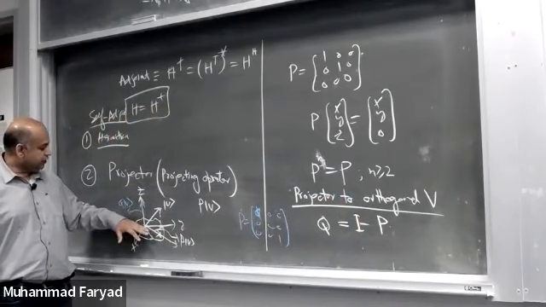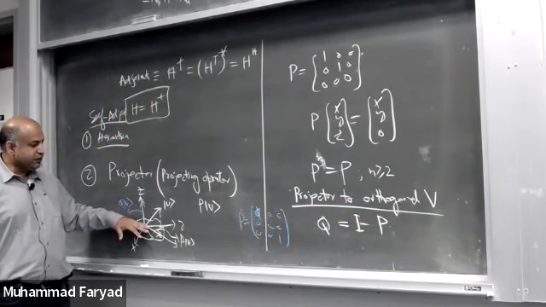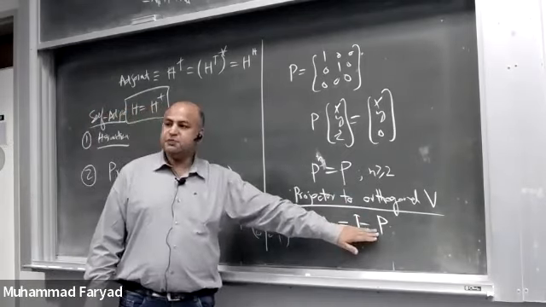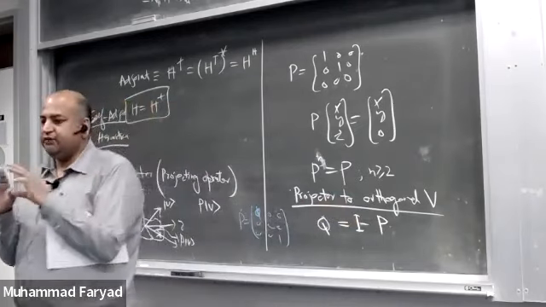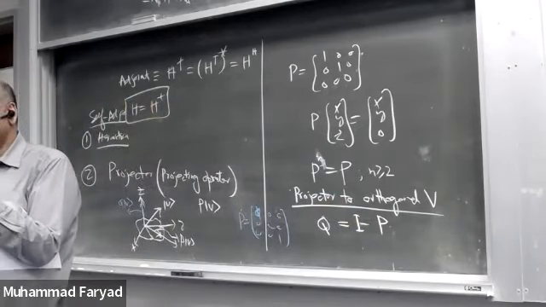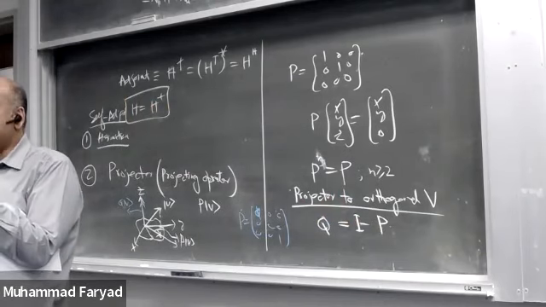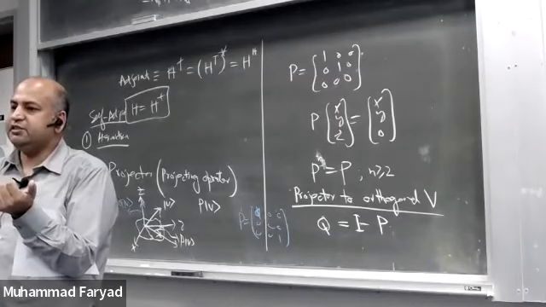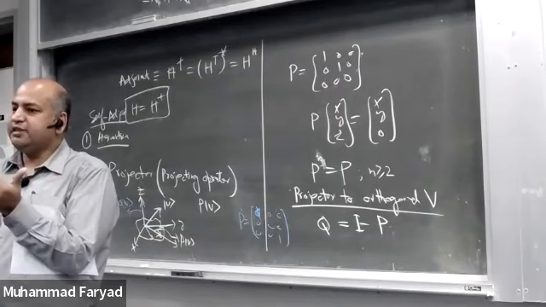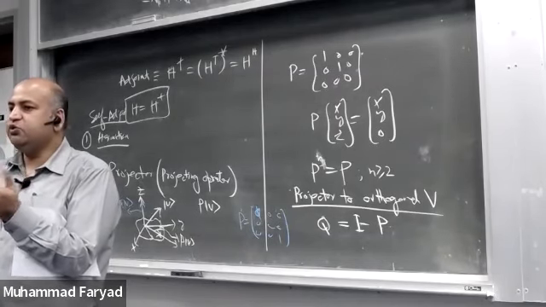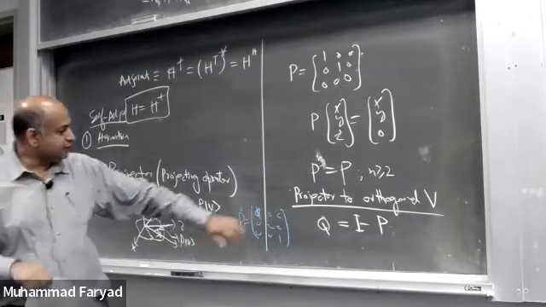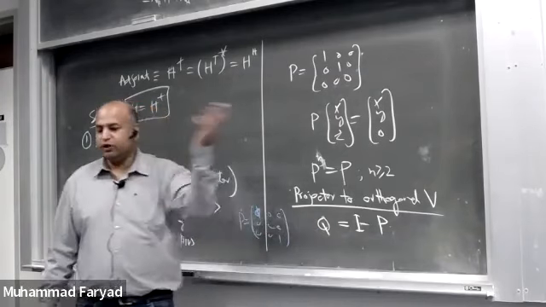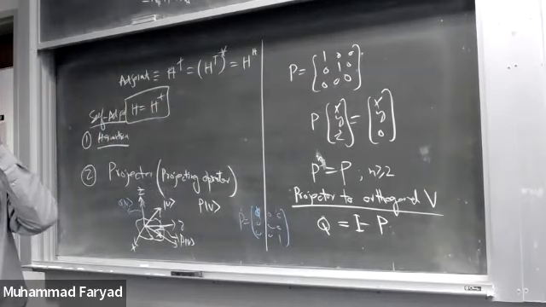But when we have a higher dimensional, complicated vector space, it sometimes might be easier to define the projector using this I minus P notation as well, because we might have, let's say, a 10-dimensional vector space, and we are trying to write the components of our vector in two orthogonal vector spaces. Orthogonal vector spaces are those where two vectors from those subspaces, when you take the inner product between them, give 0. So this helps us project to orthogonal vector spaces, because sometimes we have to work with components of vector spaces like this.